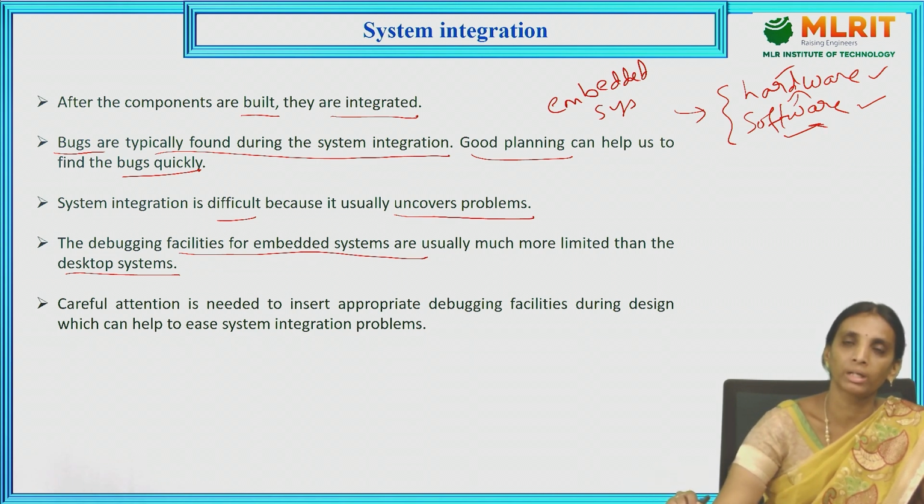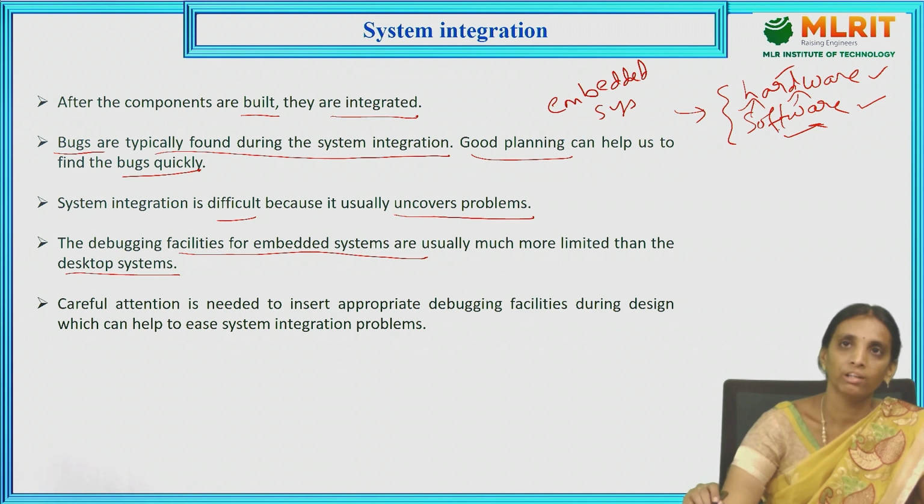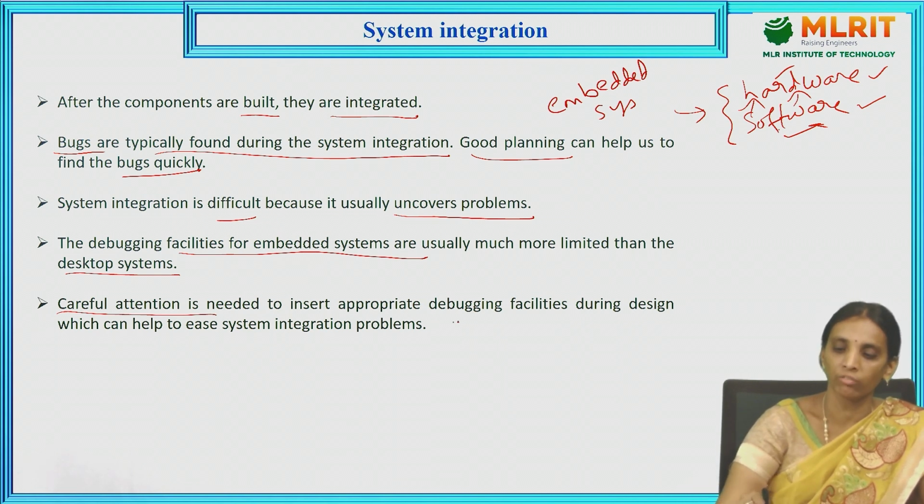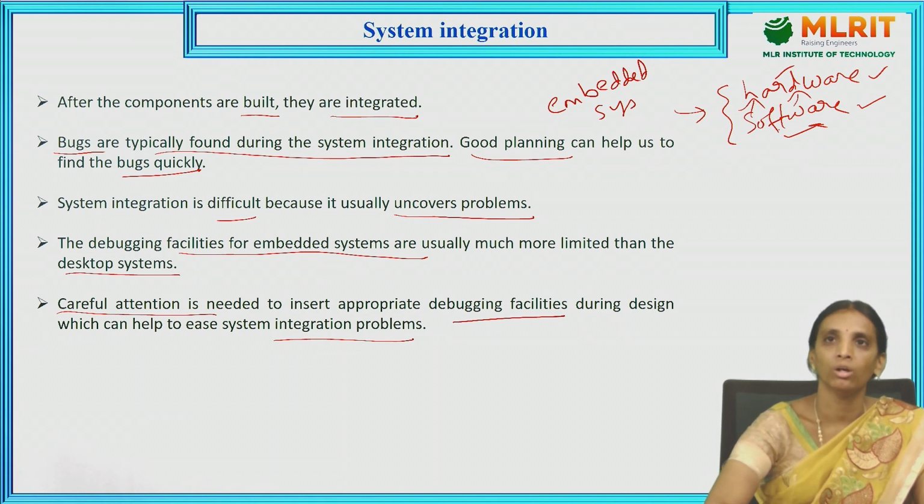Only after debugging do we import that software into the hardware for integration, so then it works perfectly. If there are any bugs, we can fix them and retest, debug again, and after confirming we get the exact output, only then can we import into the hardware modules. Careful attention is needed to insert appropriate debugging facilities during design, which then eases the system integration problems.